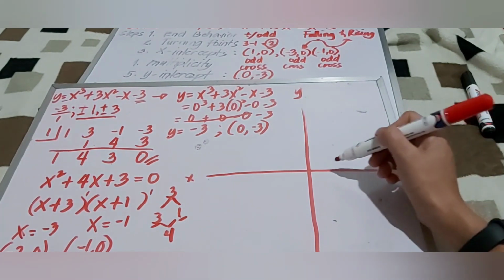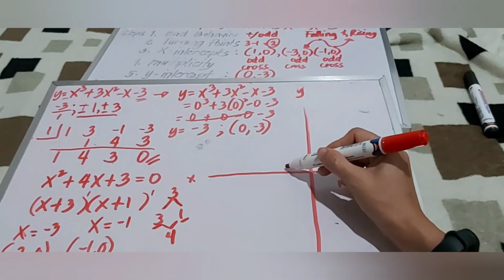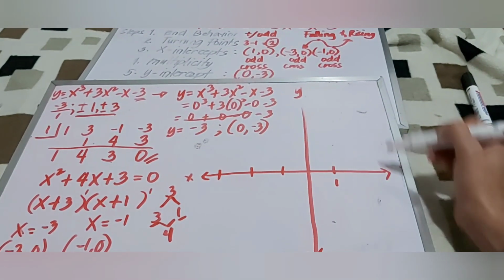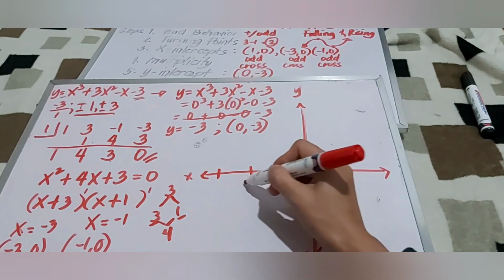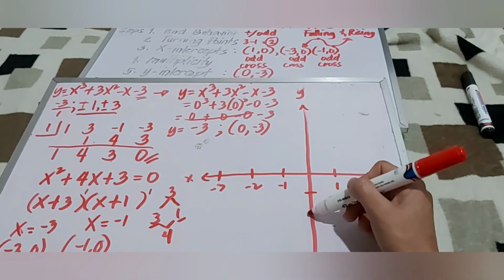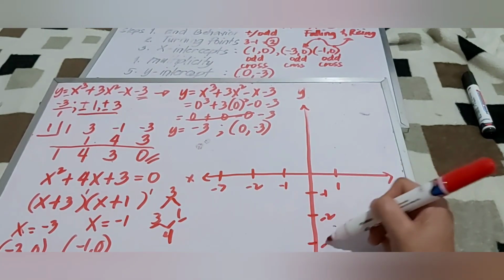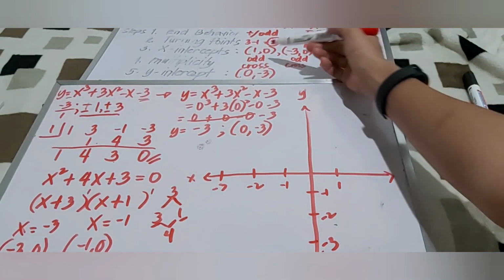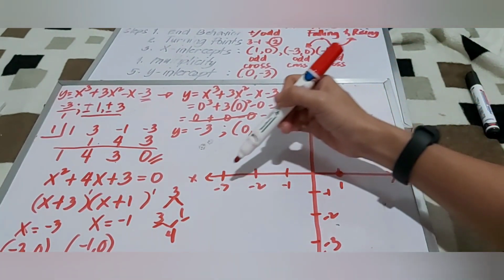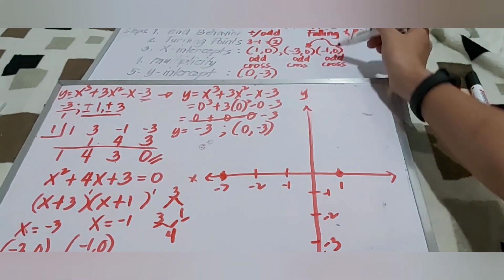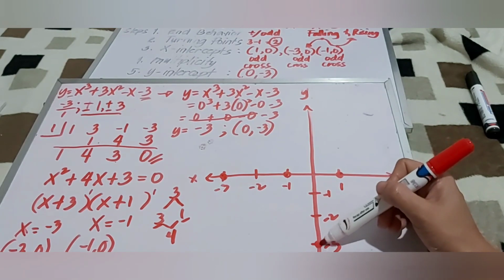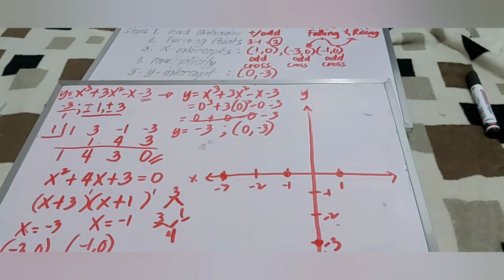So, mula dito, this is positive 1, negative 1, negative 2, negative 3. Tapos, 0 and negative 3 dito. So, ito mga x-intercepts natin. 1 and 0, ito yun. Negative 3 and 0, ito siya. Negative 1 and 0, ito siya. Ang y-intercept ay 0 and negative 3. So, yan yung mga intercepts natin.